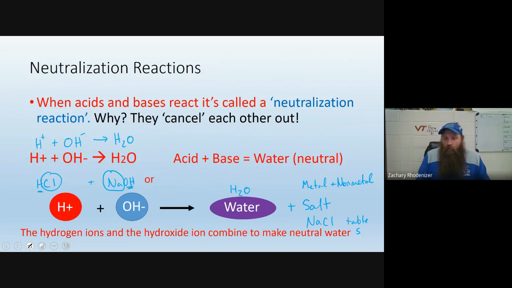It's not always table salt, but in this case it is. So with a pH between 0 and 1 and a pH of 14, you make salt water when you put them together, which is just cool. We'll talk more about neutralization reactions in chemistry, but it's a good foundation for biology.